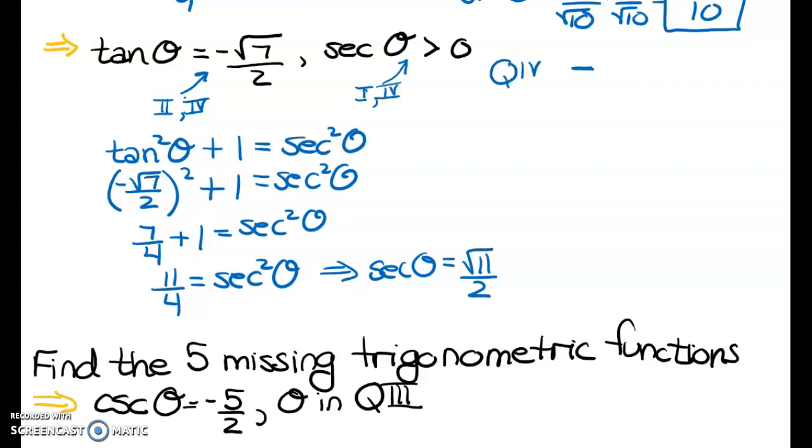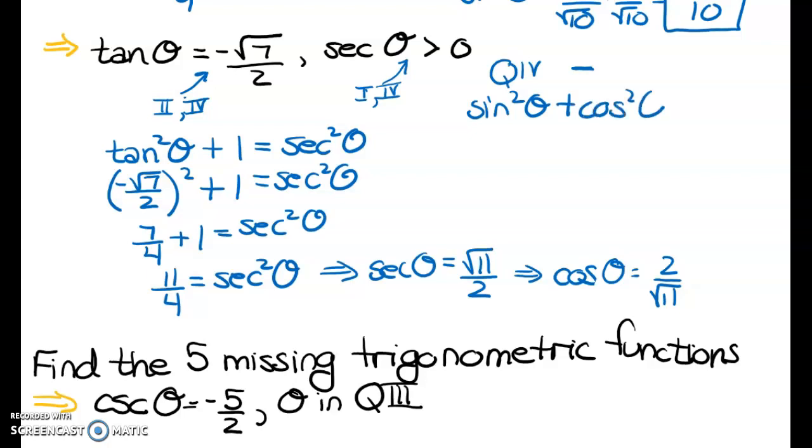Okay, so now I know from this information that cosine is 2 over radical 11, which I'm not going to rationalize because I'm going to plug it in and square it. So now I'm going to use sine squared plus cosine squared equals 1.